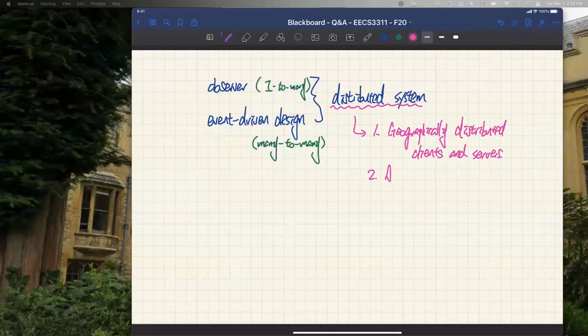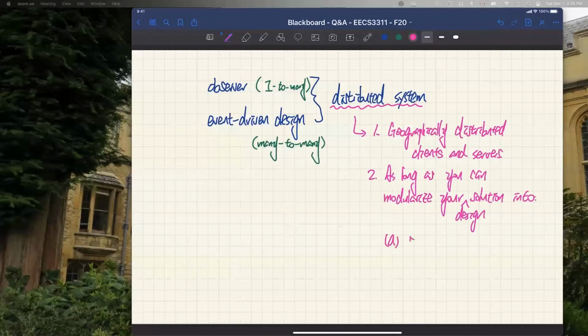So number two: as long as you can modularize your design solution, so that one part is just about the subjects, borrowing the term from the observer pattern, and the other is the observers, as long as you have A and B, they don't really have to be geographically distributed.